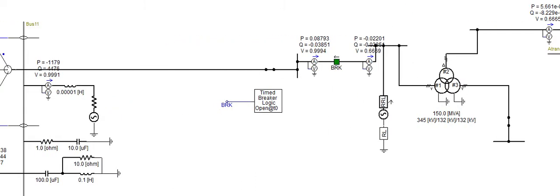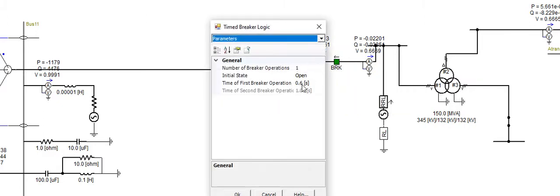So first of all I developed this breaker and inserted this breaker in between these two connection points, and I want to make it idle initially, so I just keep it open. My total observation time is 0.5 second, so I want to make the first operation after 0.5 second, means at 0.6 second.